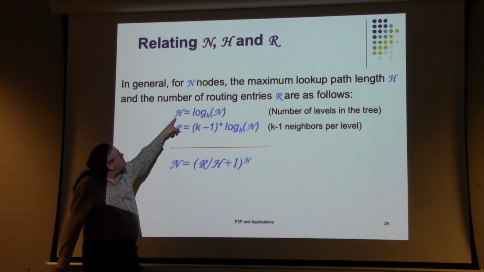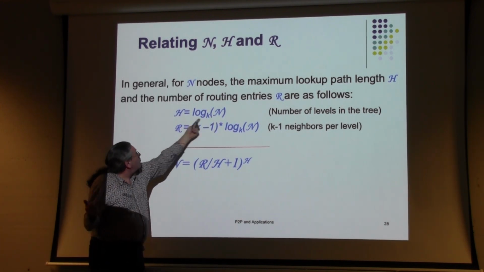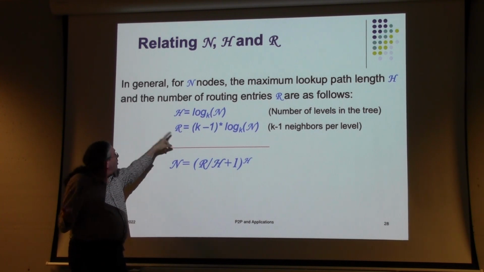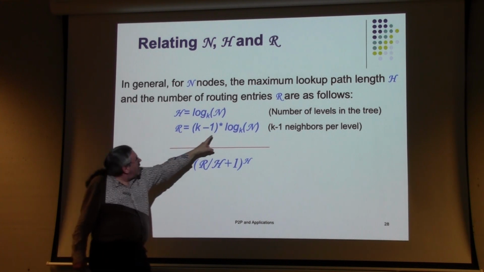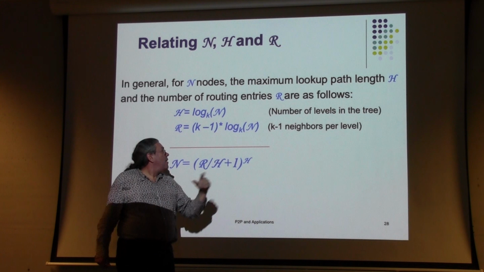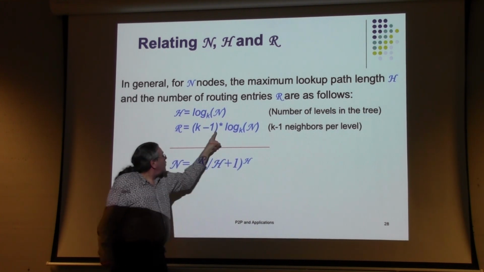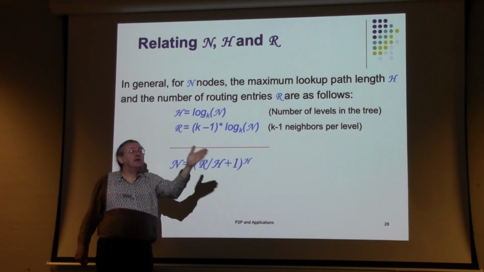So the number of hops maximum is log base k of n, right? That's logarithmic. The number of routing table entries, well, you have log base k of n levels in the tree, and for each of these levels, you have a bunch of routing table entries, k.